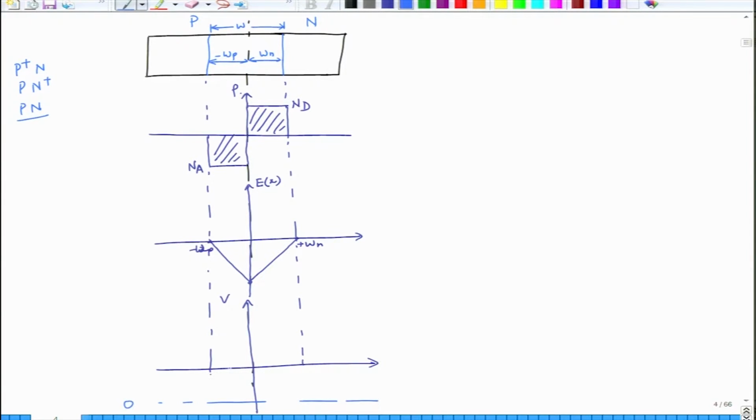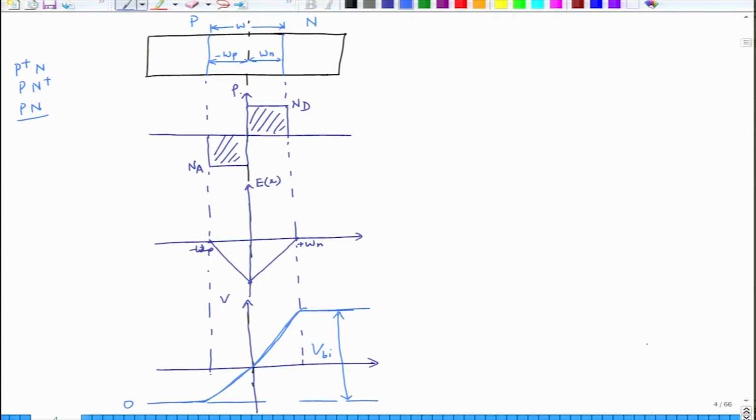It achieves a value VBI in this region, going through a change like this, and this value being VBI.